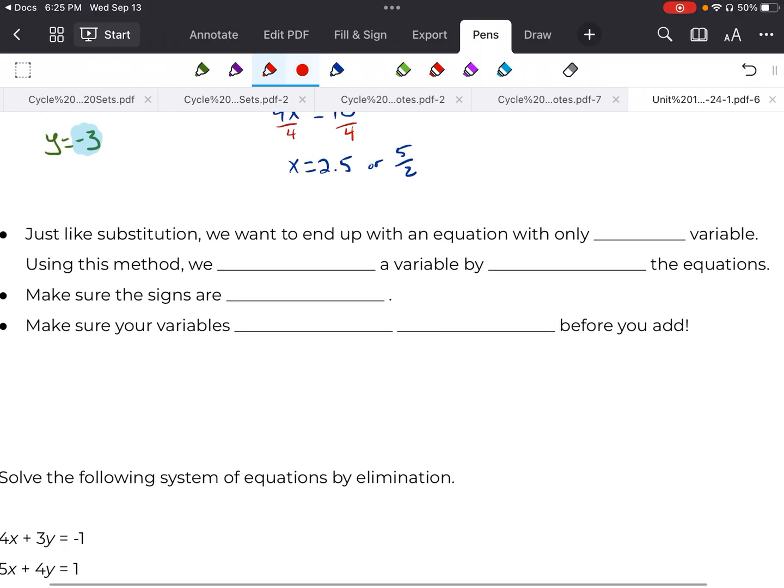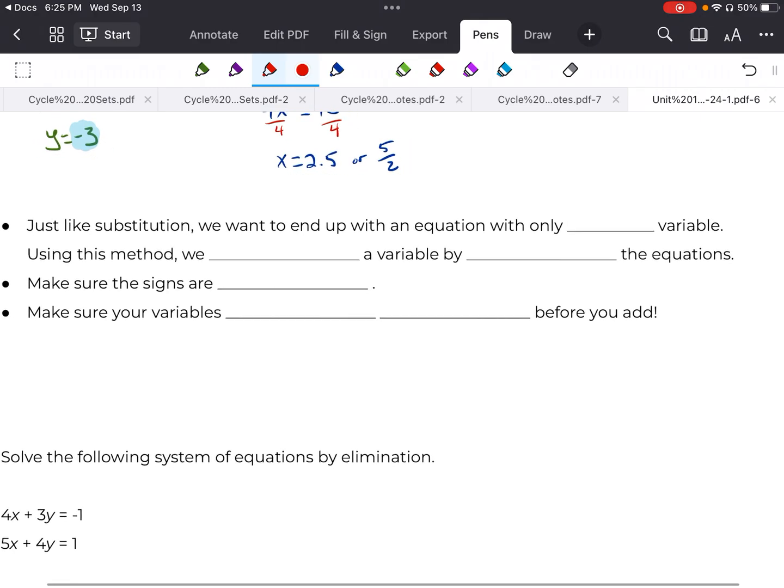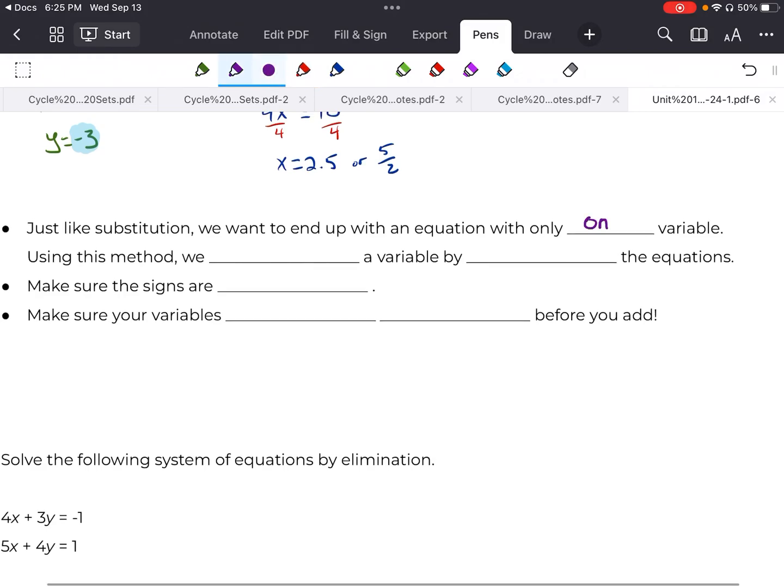Just like substitution, we want to end up with an equation with only one variable. Using this method, we eliminate a variable by adding or subtracting the equations.